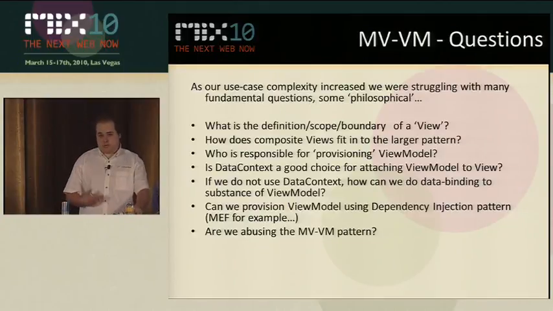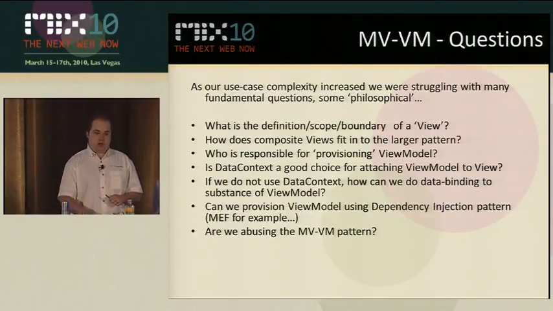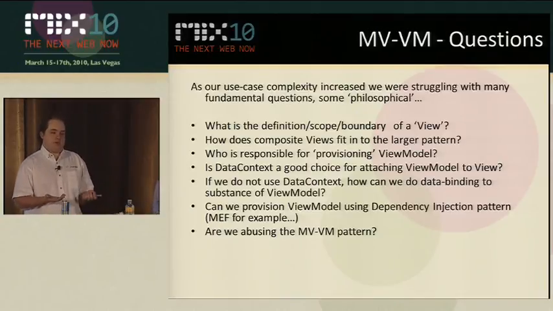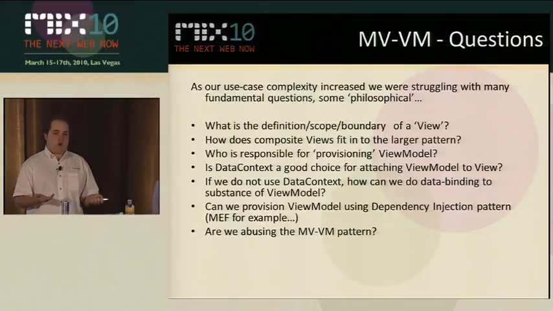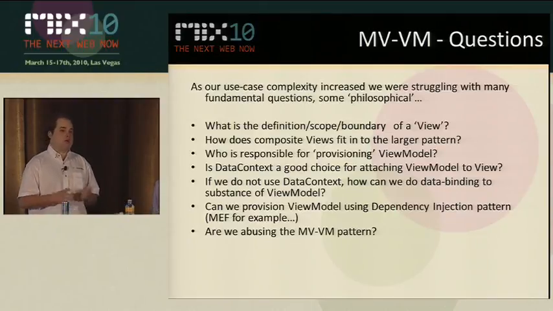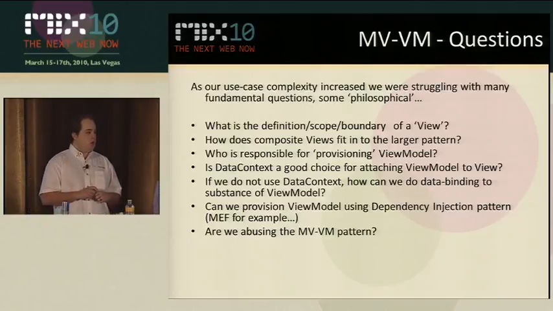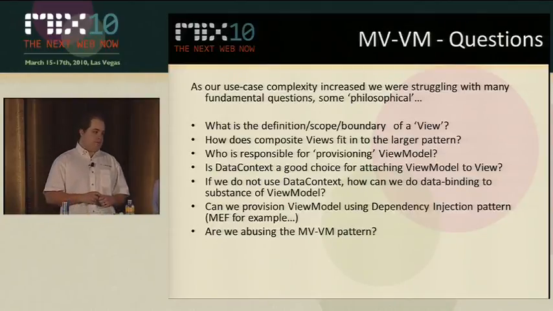At this point, we went back to the drawing board a little bit, and we started asking some fundamental questions about how we want to actually employ the MVVM. The first question we asked is, what is the true definition, scope, and boundary of a view, what we classically call the view? When we have a composite view like this, how does that fit into the larger pattern of the MVVM?